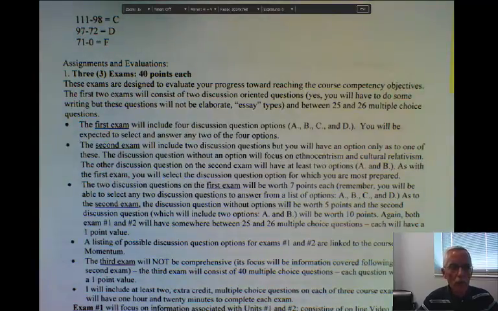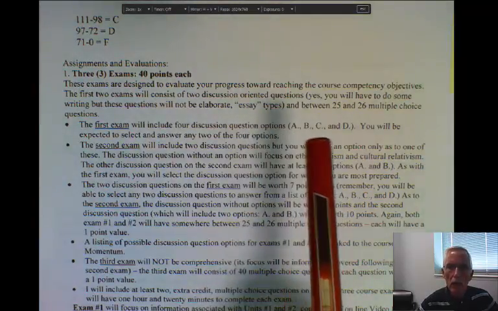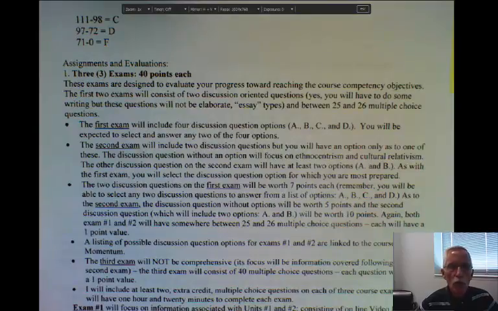On the first exam, I'll basically again list 4 discussion question options. As you will note again over on the 5th page, these will be listed as A, B, C, and D. You pick the 2 you feel best qualified to answer. On the second exam, there will also be 2 discussion questions, but one of those won't have an option. It's going to focus on a very important concept that we will be discussing in detail, known as ethnocentrism.